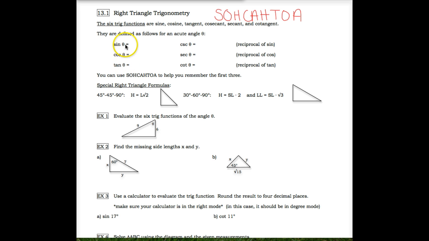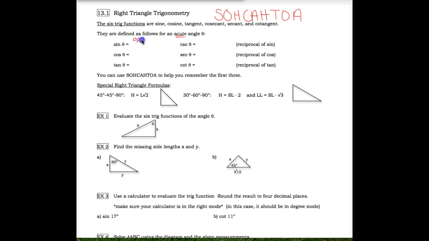They're all ratios, meaning one part of a right triangle divided by the other is how we define them. So the sine of an acute angle, again, it's important that we understand it's acute, is going to be the ratio of opposite side to the hypotenuse.